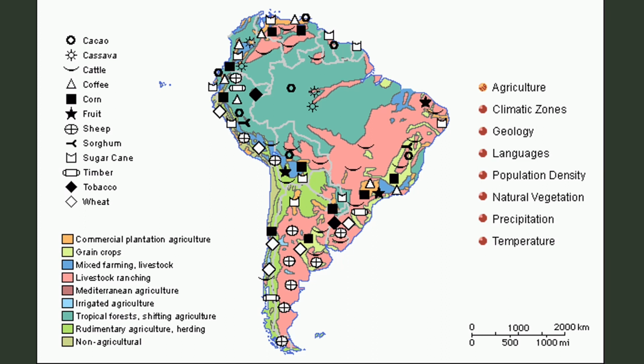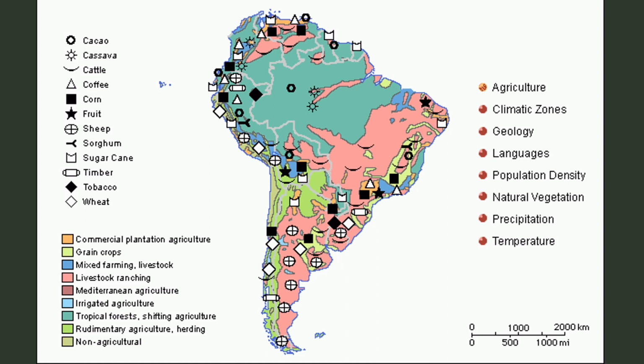And then in Bolivia, here, they have deposits of tin, zinc, and copper. And in Chile, this long strip, this is Chile. They have huge deposits of copper, which is also exported.